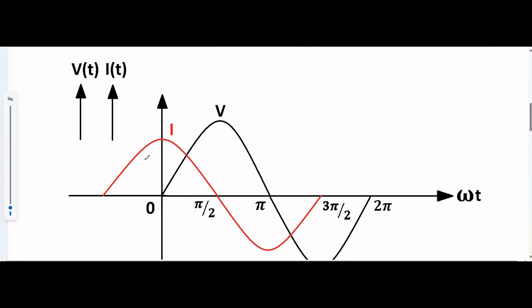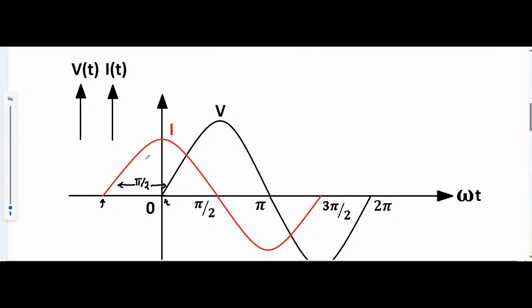As we found out from the expression, current leads voltage by pi by 2 radian or 90 degree. So here there is a difference of pi by 2 from the starting 0 points of current and voltage.